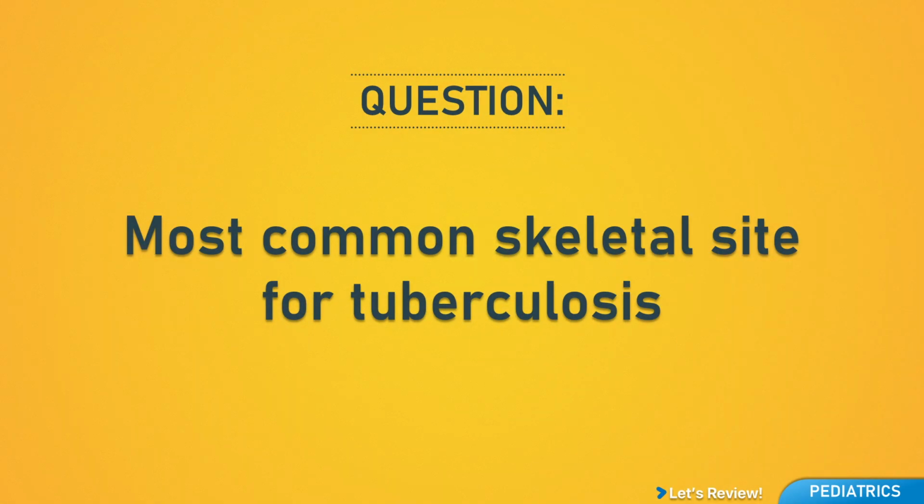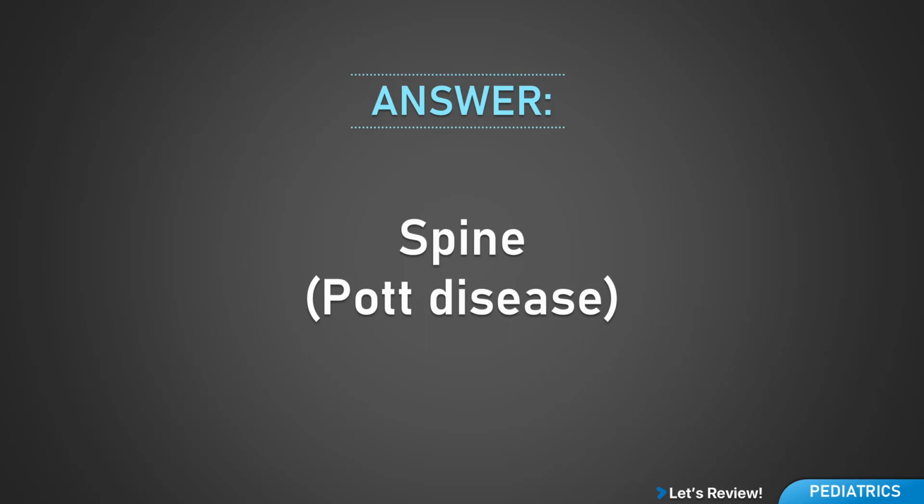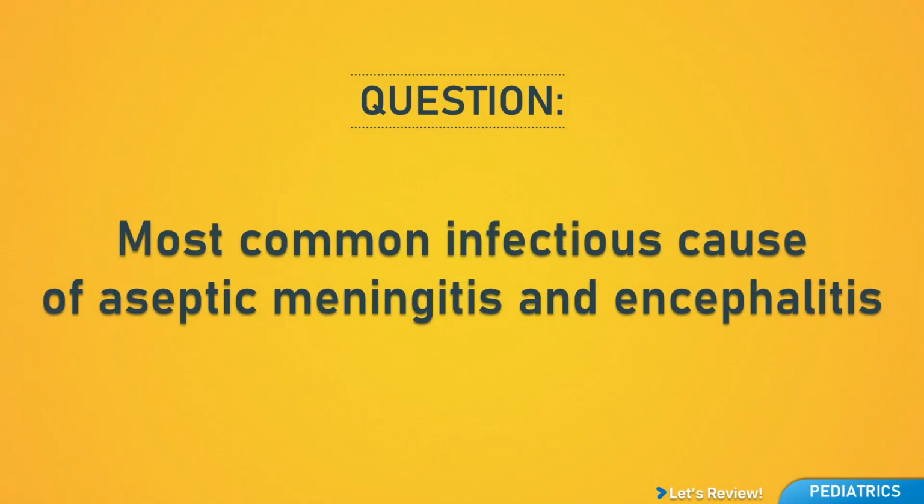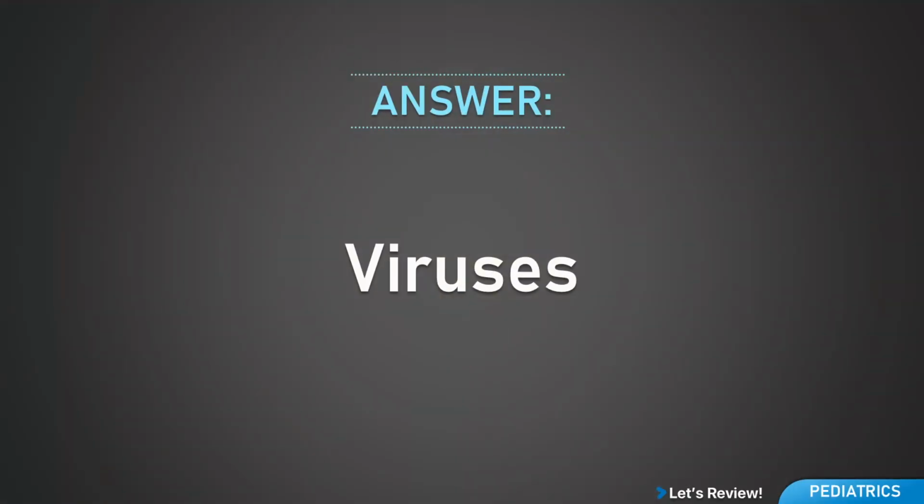Most common skeletal site for tuberculosis. Spine, or Pott disease. Most common infectious cause of aseptic meningitis and encephalitis. Viruses.